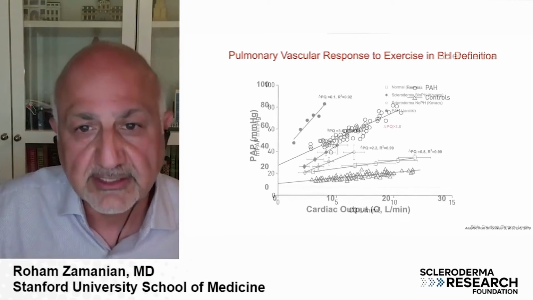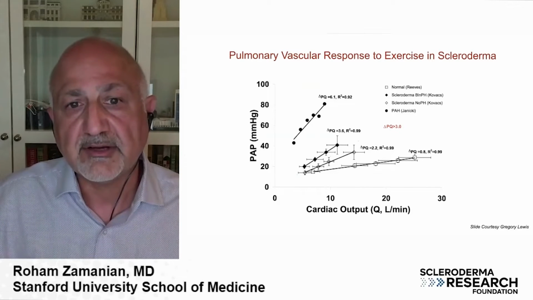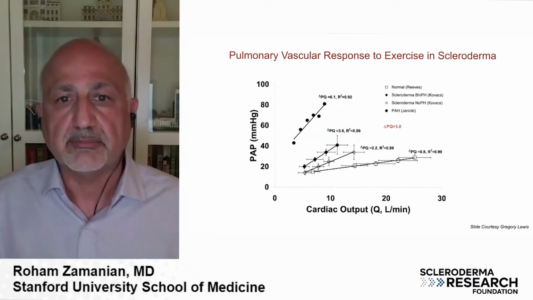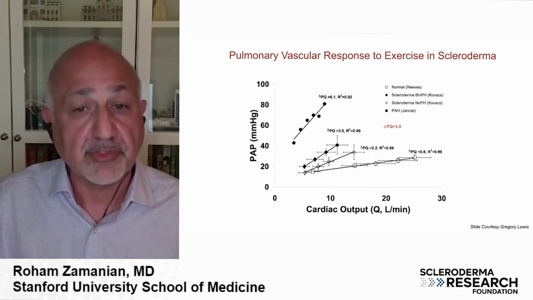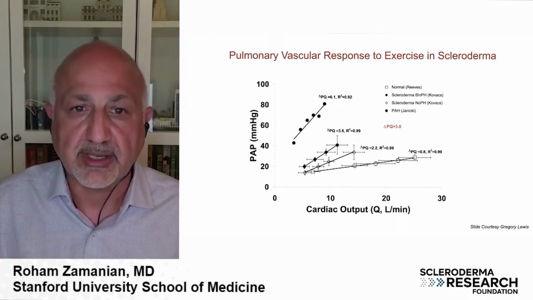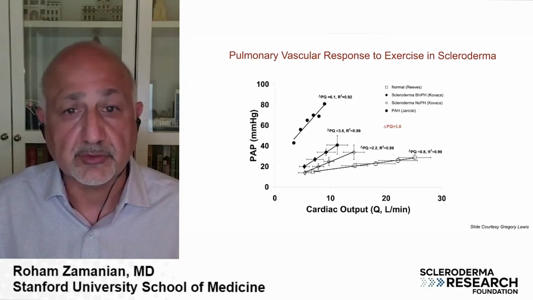And so the studies that have been done in scleroderma identify the threshold of a slope. I'm sorry, it's not showing up very well here, but a threshold of 3. A slope of more than 3 identifies exercise-exacerbated pulmonary hypertension. And what you'll see here is the squares are normals.